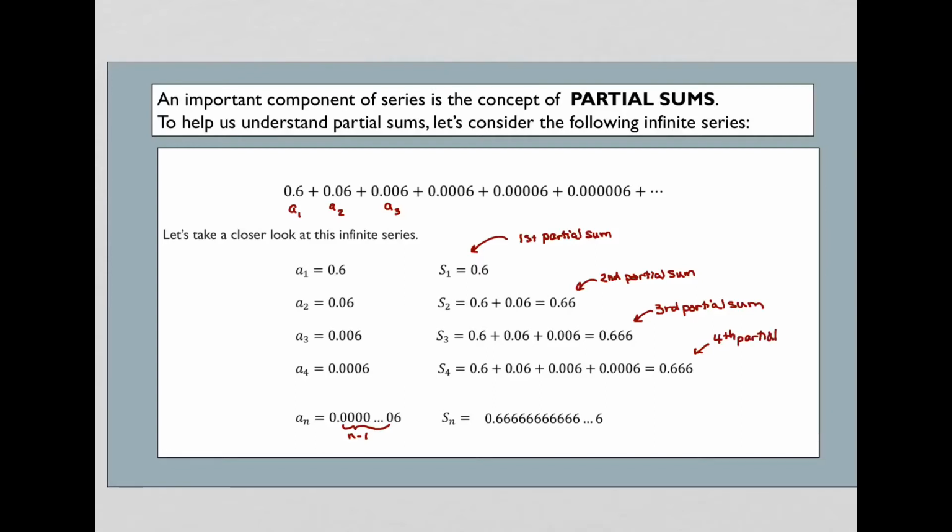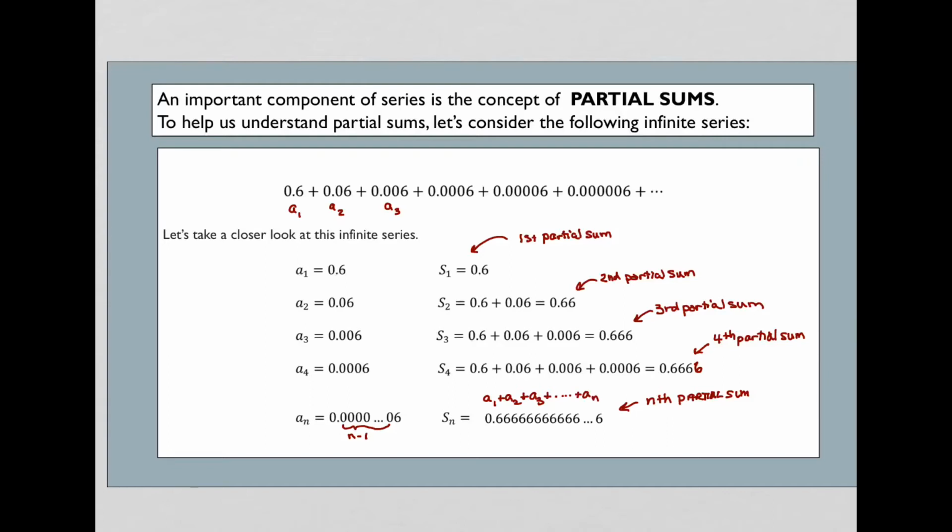If I add up the first four terms, a sub 1 plus a sub 2 plus a sub 3 plus a sub 4, I actually should get 0.6666, right? That's my fourth partial sum. So, in general, the nth partial sum consists of adding up the first n terms in my series. I'm trying to spell and talk at the same time, but here I have my nth partial sum, and that consists of adding up a1 plus a2 plus a3 all the way down till a sub n.